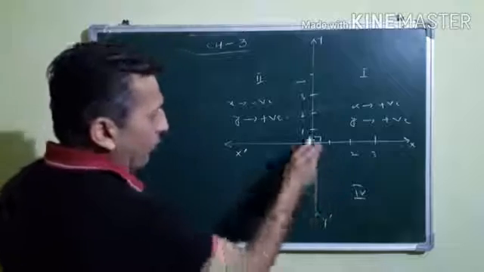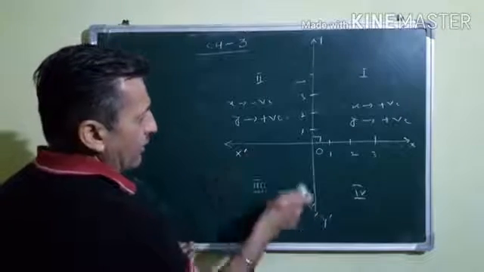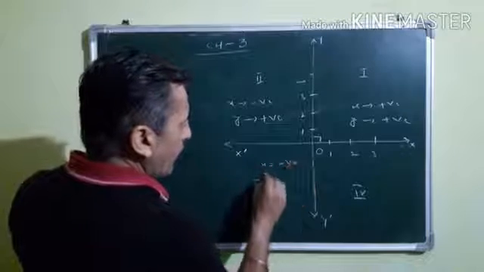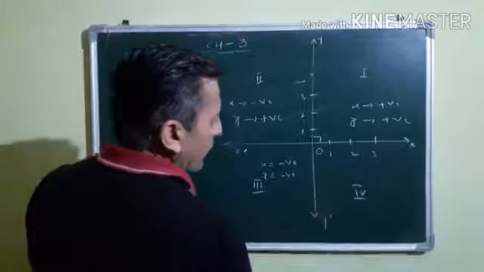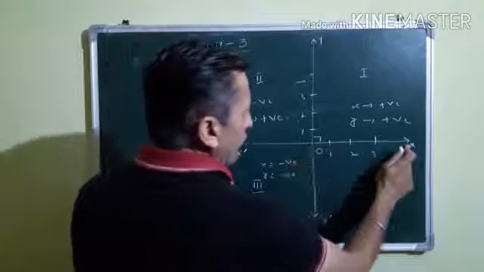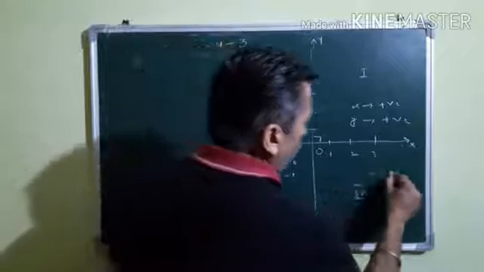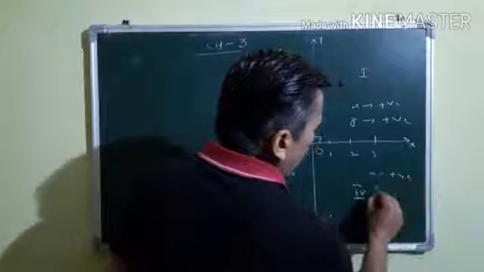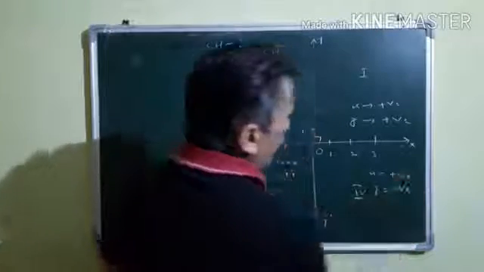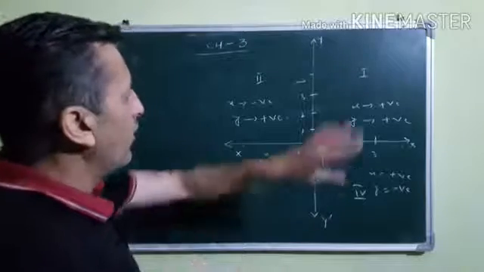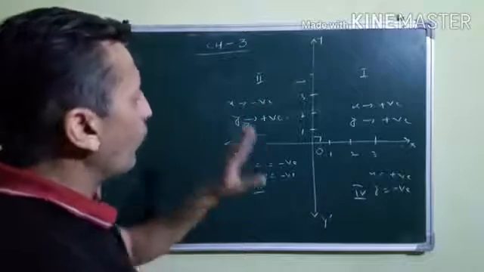In the third quadrant, both are dash lines, so x is negative and y is also negative. In the fourth quadrant, x is original but y is y dash, so x is positive but y is negative. These are the signs of the x coordinate and y coordinate in the four quadrants.